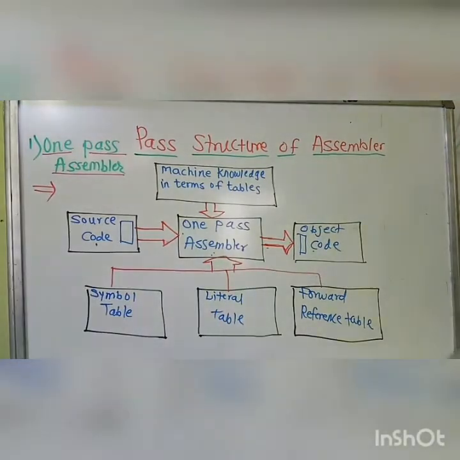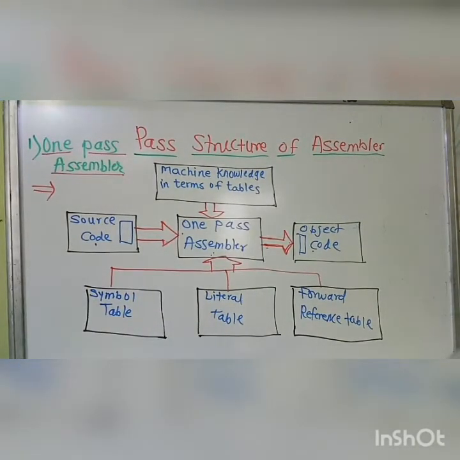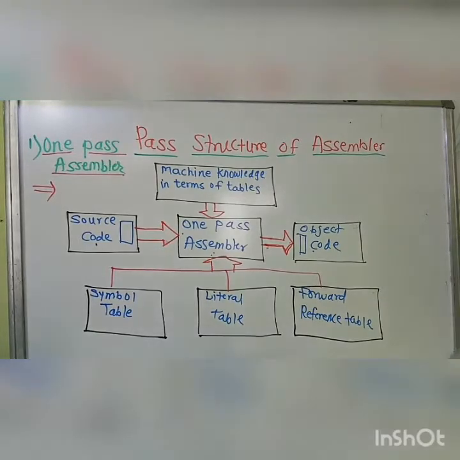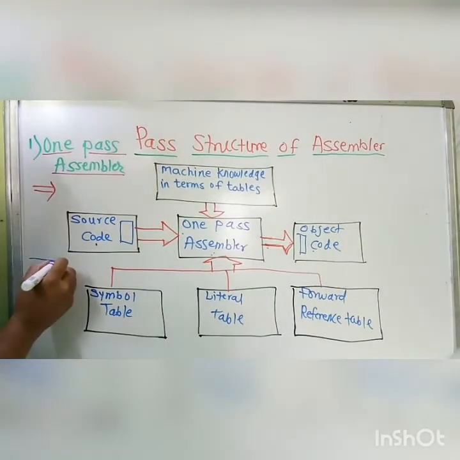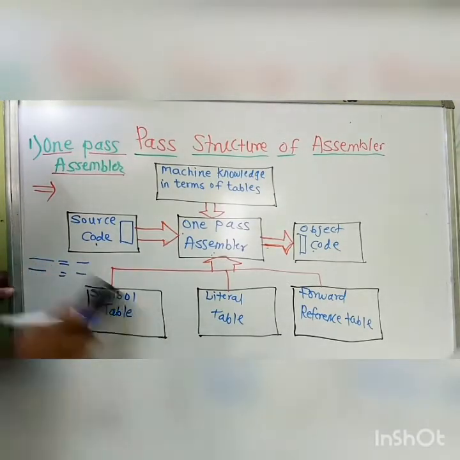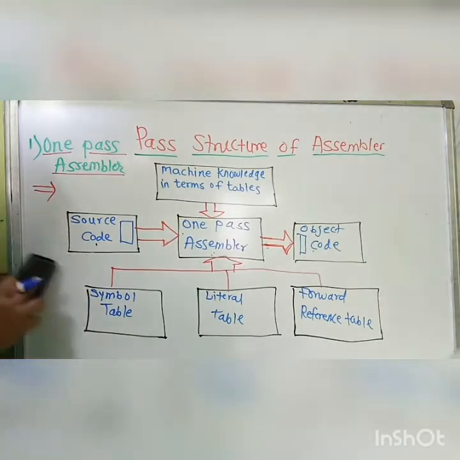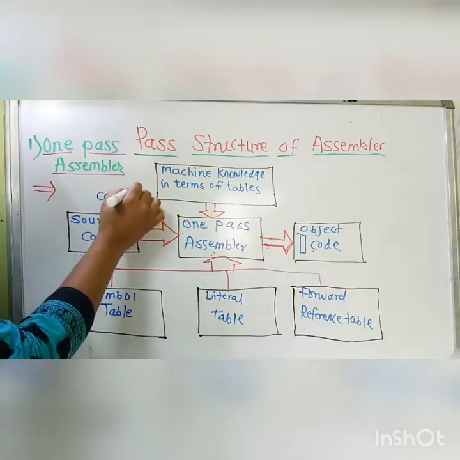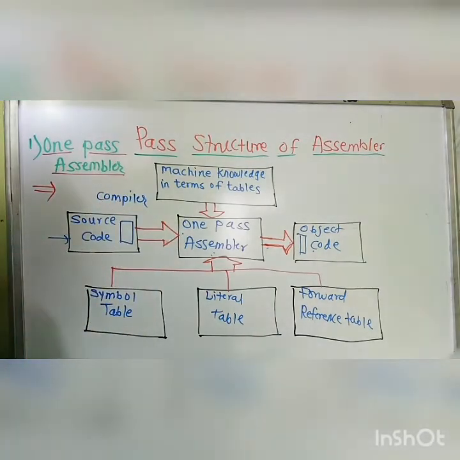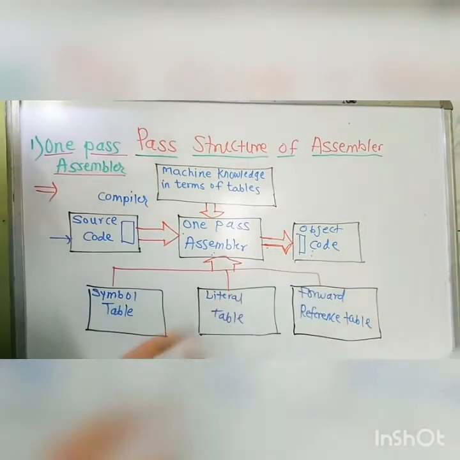It behaves like a compiler: it first accepts the whole program and converts it into object code. An interpreter, by contrast, converts the program line by line: it takes the first line, converts it into object code, then takes the second line, and so on. But a one pass assembler behaves like a compiler; it accepts the whole assembly language program and converts it into object code.